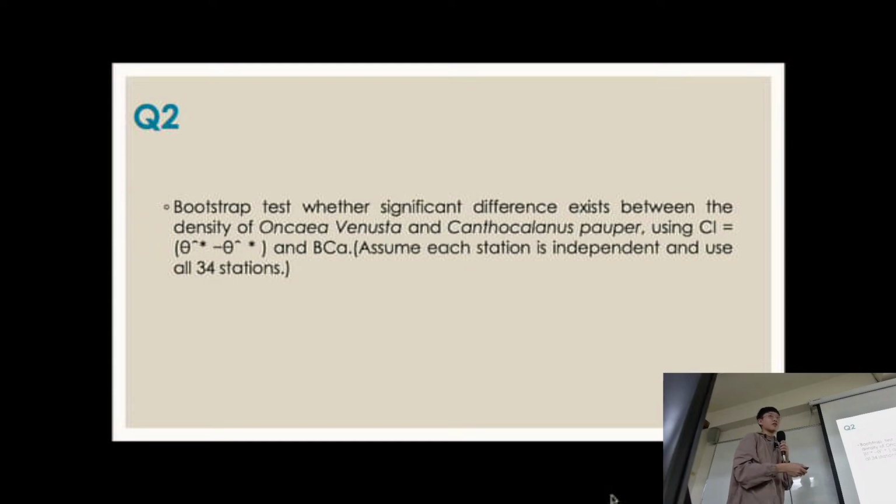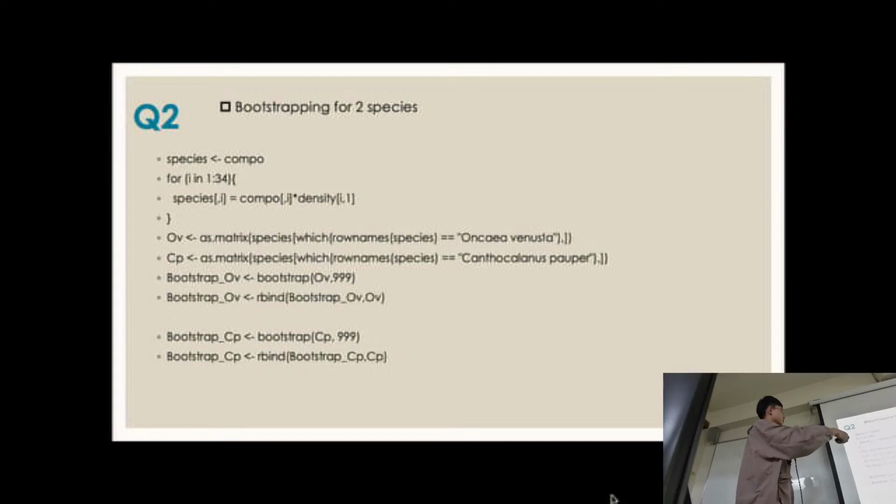And the second question is to bootstrap test the significant difference between these two species and do the correction by the BCa. So it's just putting in my data, so I get the bootstrap of these two species.